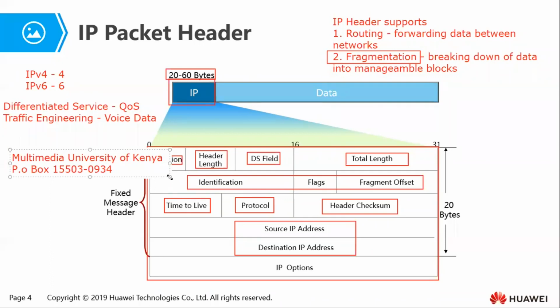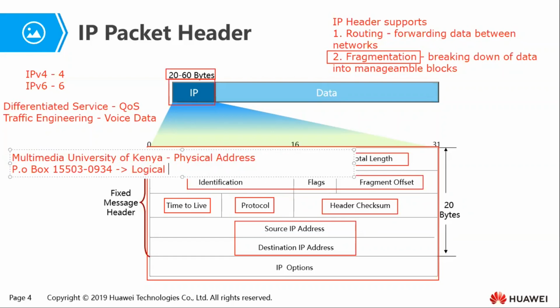So generally you can think of the name here, Multimedia University of Kenya, as the physical address, because it tells you where MMU is located, there at Mbagathi. That is the physical address. Then you can think of this address here as the logical address. In fact, in 2010 when we joined MMU, it had a different PO box. They changed it at around 2012. So these can change. So that's a logical address.